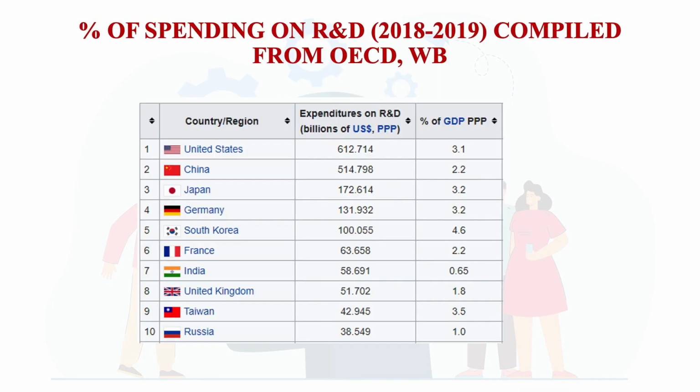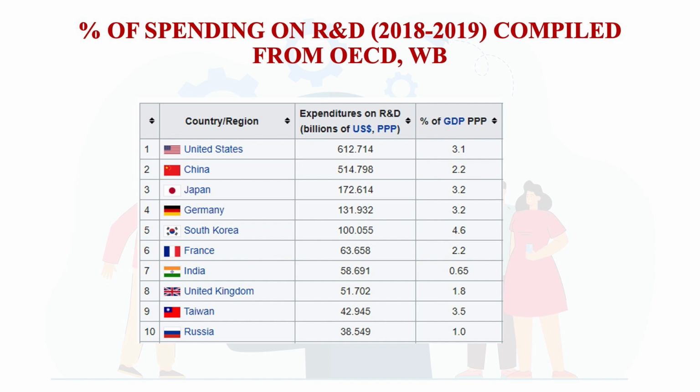So research and development is a very important aspect in many countries, and this chart shows some of the countries spending close to 4% of their GDP on it. America spends almost $612 billion US dollars per year to develop its research capacity.